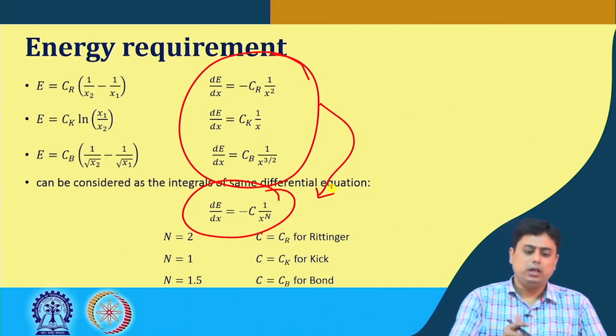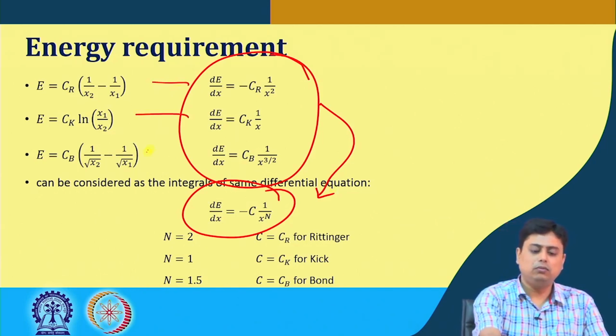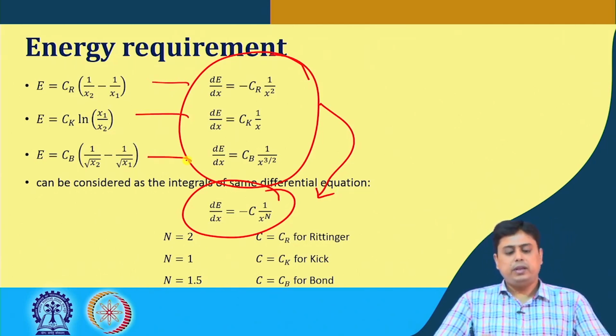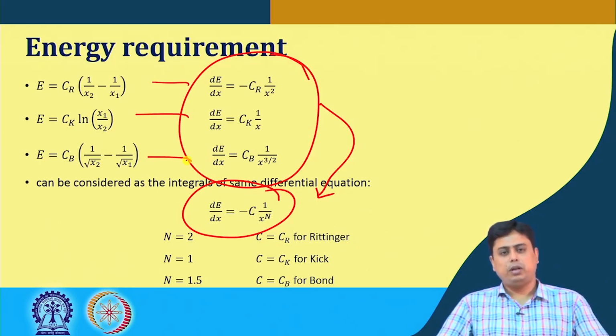What happens if we look at the forms of these three expressions? The reason we are able to write this as a generic differential equation is that Rittinger's law came up first, it was modified by Kick, and then further modified by Bond.